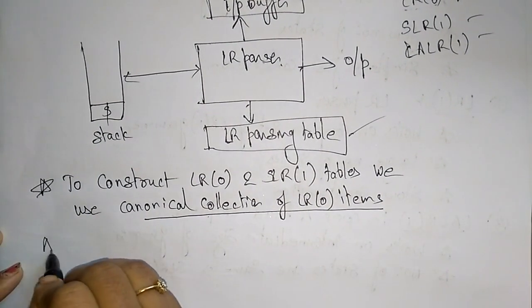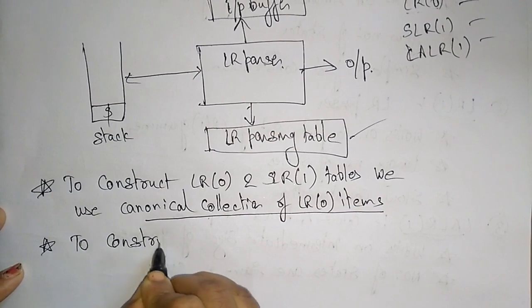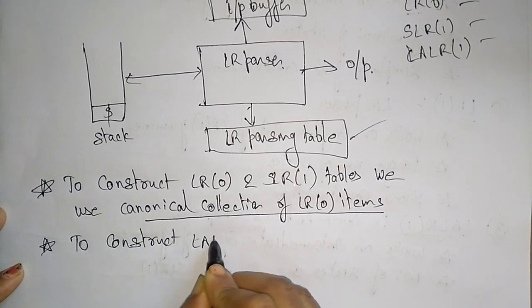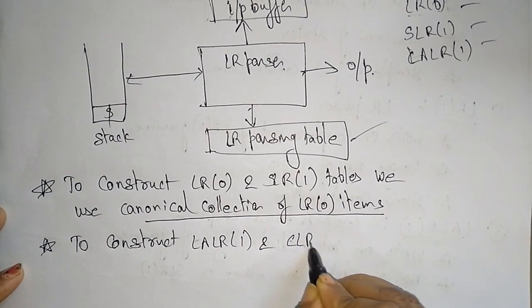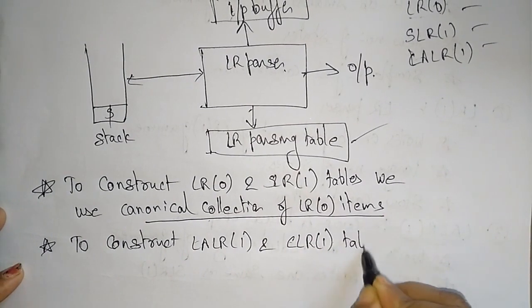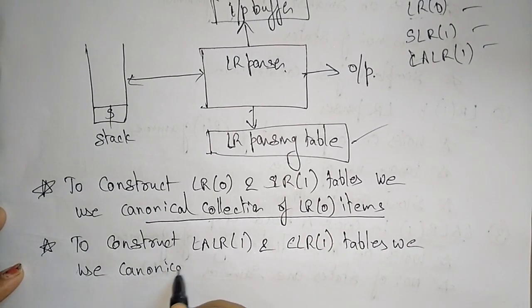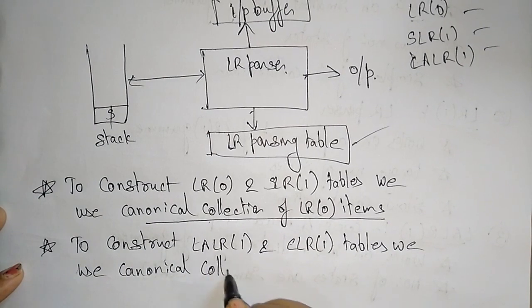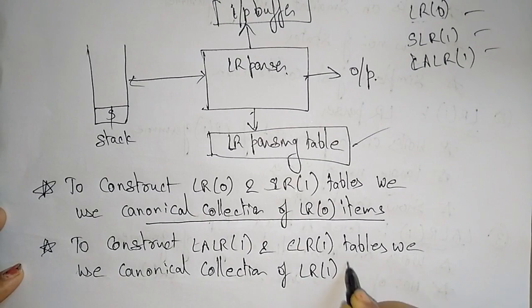And next, to construct LALR1 and CLR1 tables, the remaining two, we use the canonical collection of LR1 items.